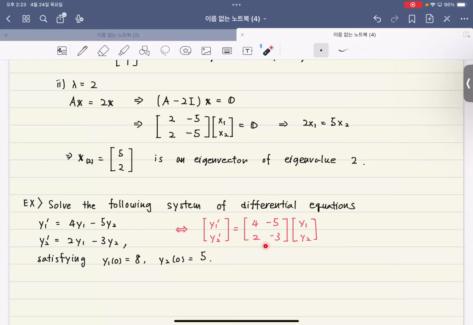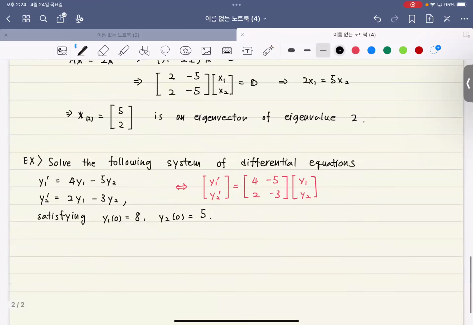Okay, so we now know how to solve this system of differential equations. The solution is e to the lambda times t times the eigenvectors, and we know the eigenvalues and eigenvectors of this matrix.